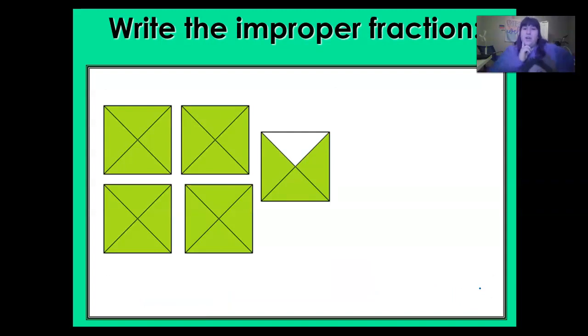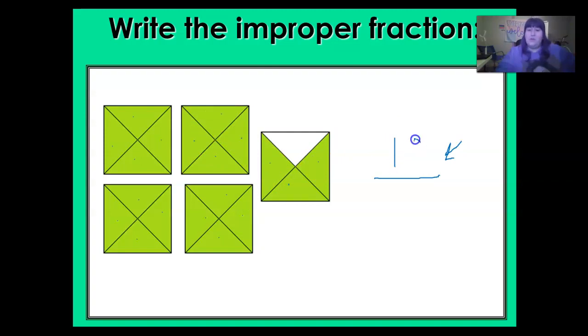So let's take a look here. What improper fraction is represented? Well, we know an improper fraction doesn't have a whole number part, just a fraction part. So how many pieces do we have? That'll be our numerator. 1, 2, 3, 4, 5, 6, 7, 8, 9, 10, 11, 12, 13, 14, 15, 16, 17, 18, 19.